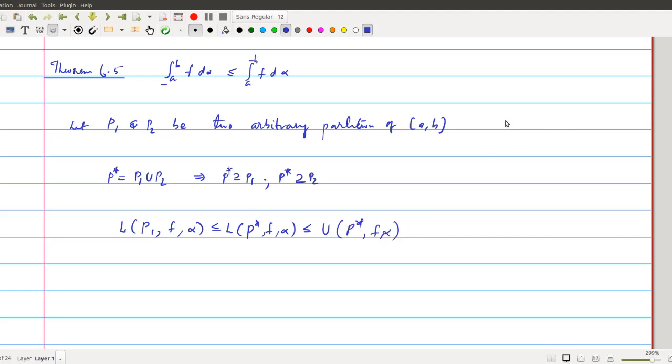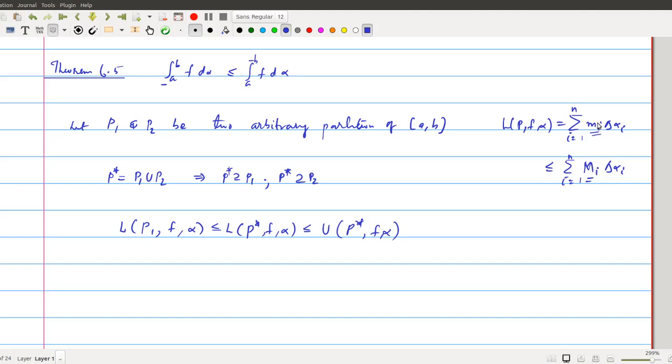We know that L(P, f, alpha) is nothing but the summation i equal to 1 to n of small mi delta alpha i. This is the definition of the lower sum, and it is always less than or equal to the summation i equal to 1 to n of capital Mi delta alpha i, because small mi is the infimum of f(x) and capital Mi is the supremum of f(x) in the same interval.